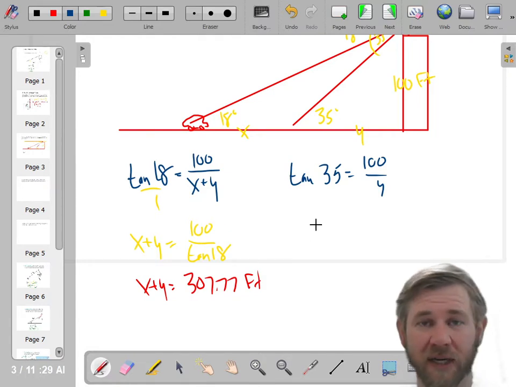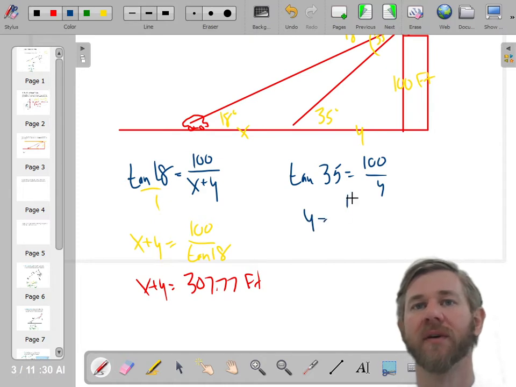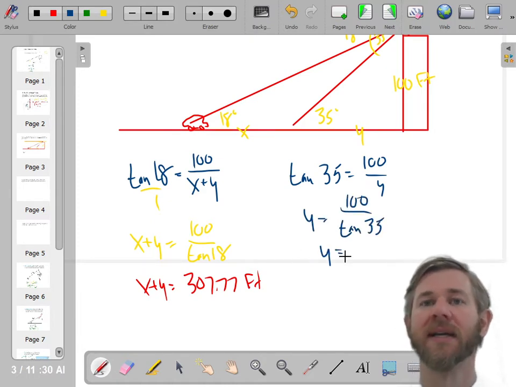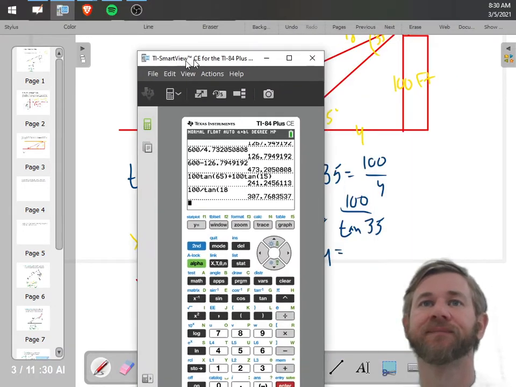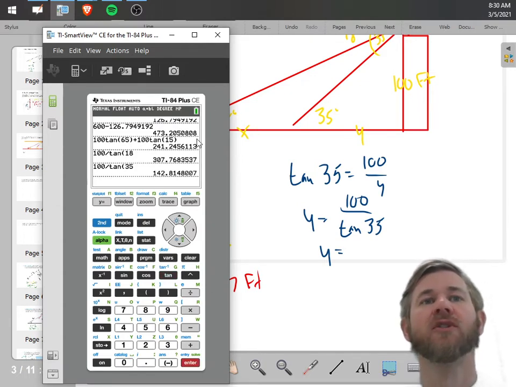I could have done that in the beginning, I guess. Just multiply both sides by y and divide. You get y is 100 divided by the tangent of 35. That's the easy part. 100 divided by tangent 35 is 142.81.